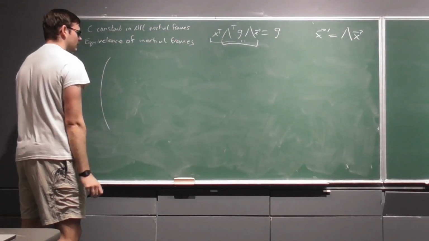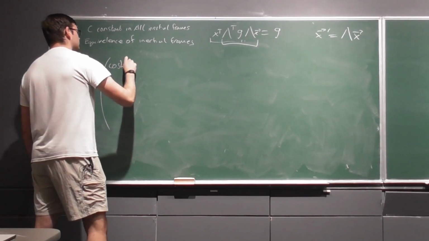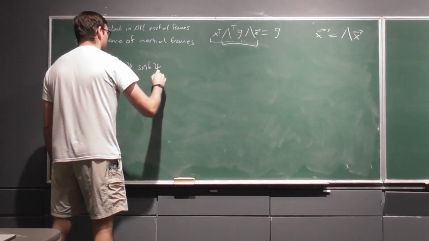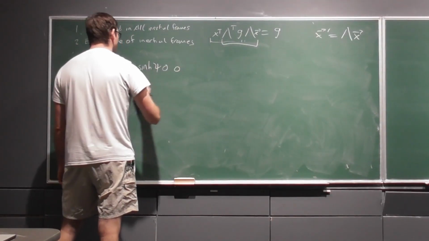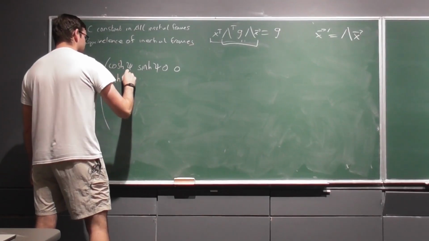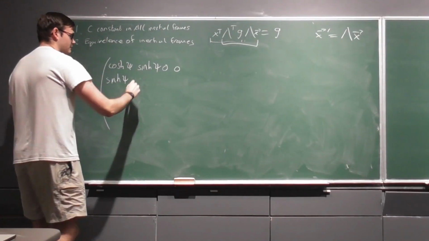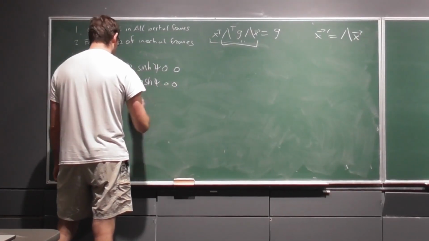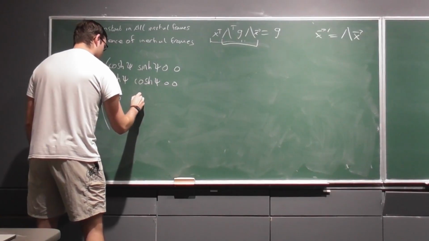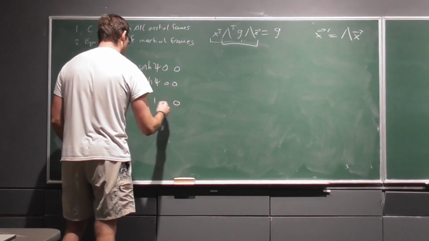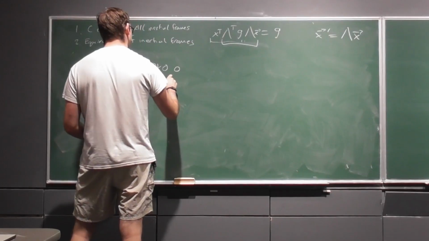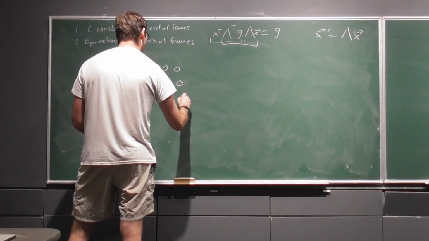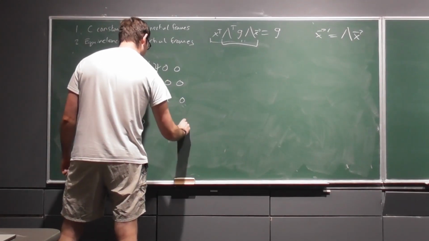So we have cosh psi, sinh psi, 0, 0, sinh. So transpose, there's no sign change this time because they're both the same. Then 0 0, and we've got 0 0 0 1 0, 1 0 0 0 1.